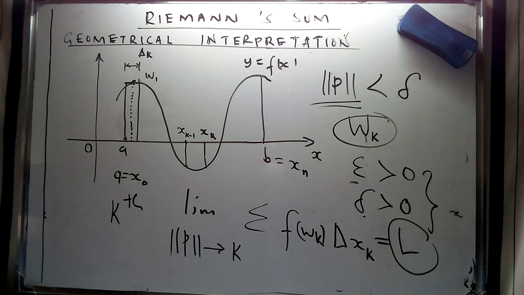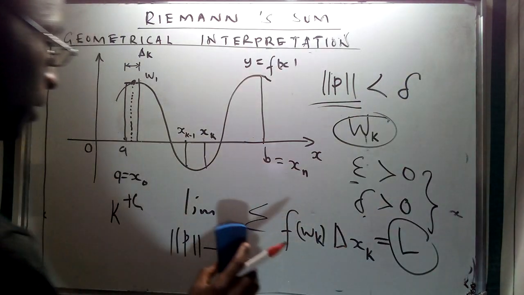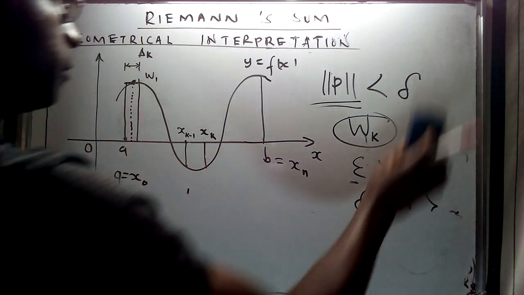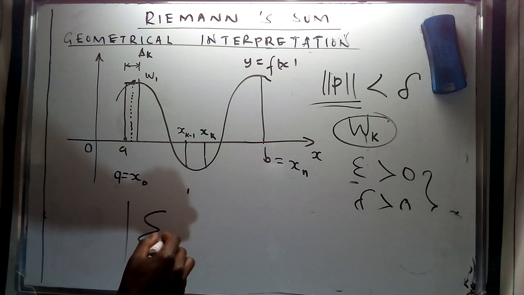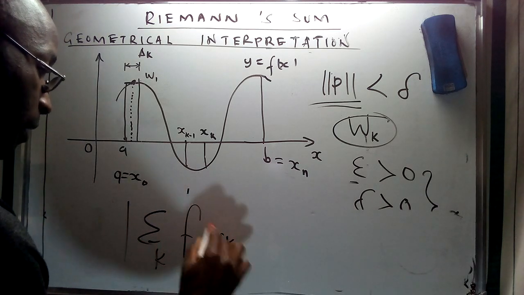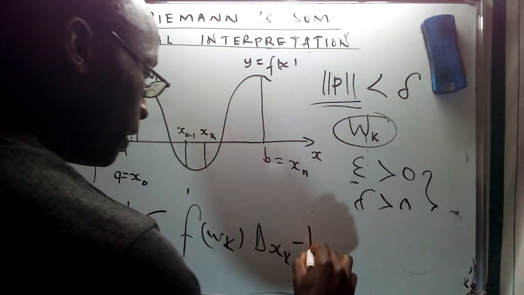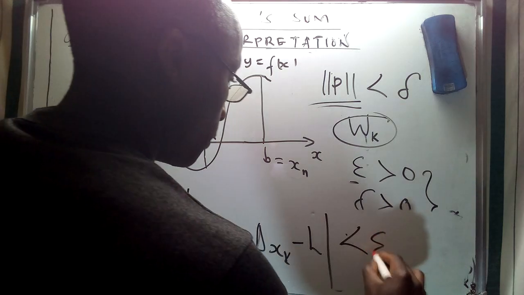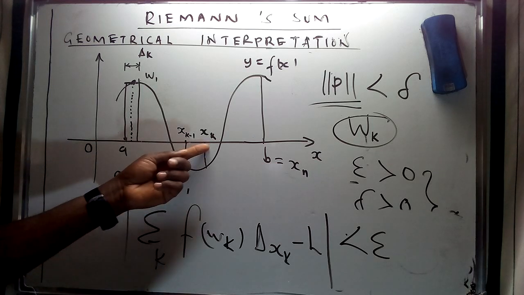Therefore, we can give an expression for this condition: the summation over k of f(wk) delta xk, minus the limit, is smaller than epsilon, and that applies for the range of values in between.